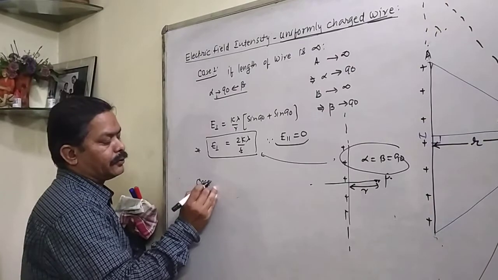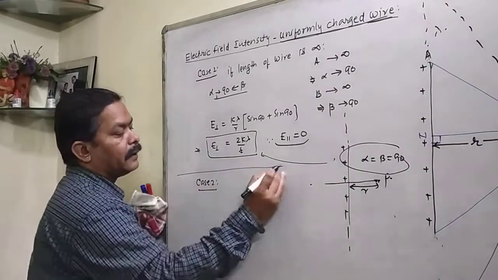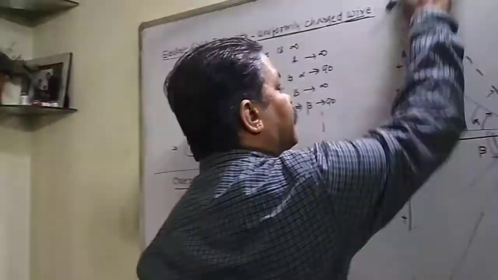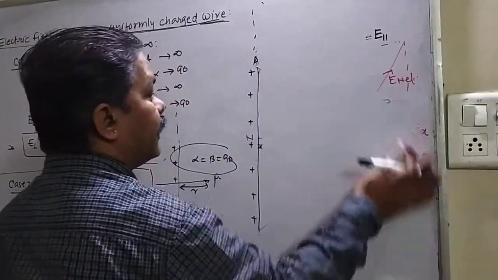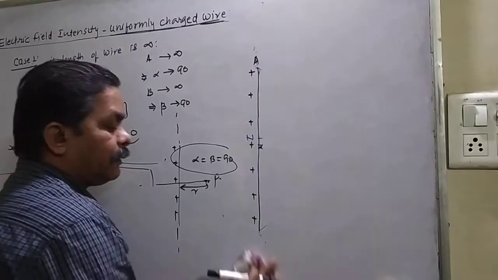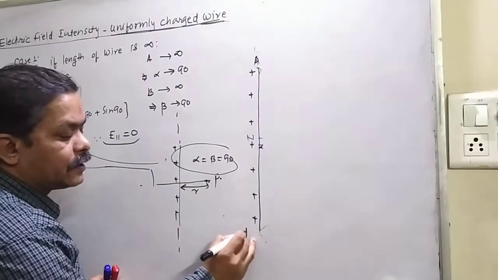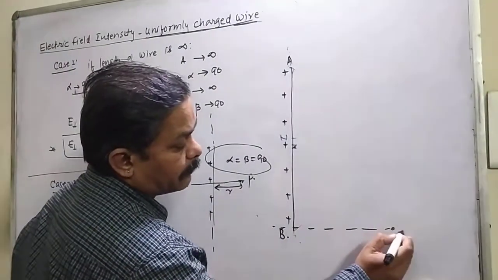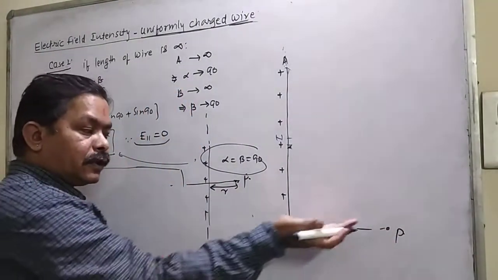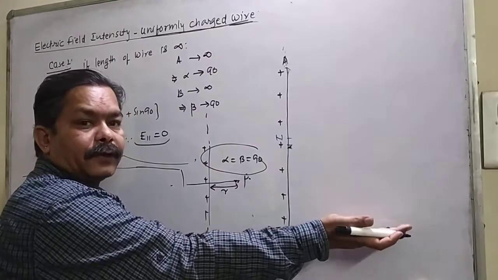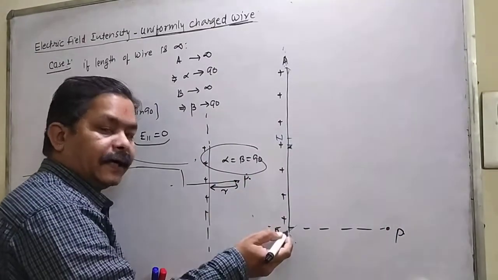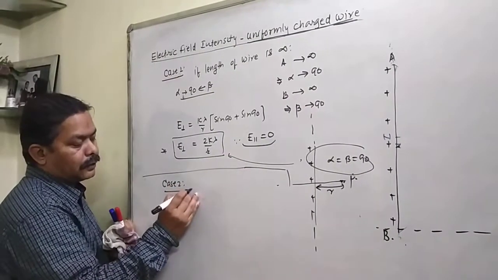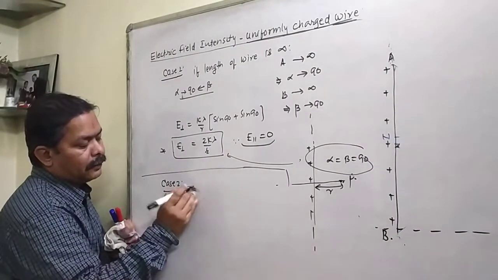Case 2 of the wire: the point P is near one of the ends. Suppose this is the wire initially. Now where is point P?